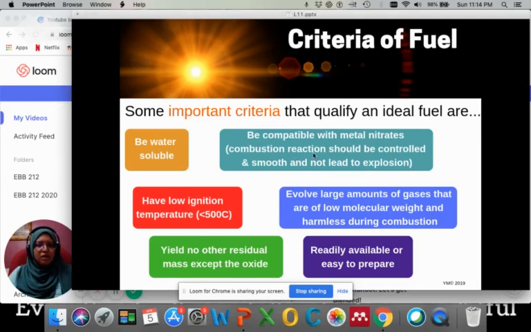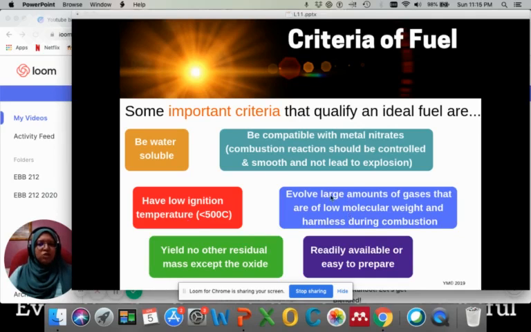It has to be compatible with the metal nitrates, and it must have a low ignition temperature, preferably less than 500 degrees C, because we don't want combustion at high temperature, let's say 1000 degrees C, for example, that might cause explosion or fire. So we prefer to use low ignition temperature fuel.